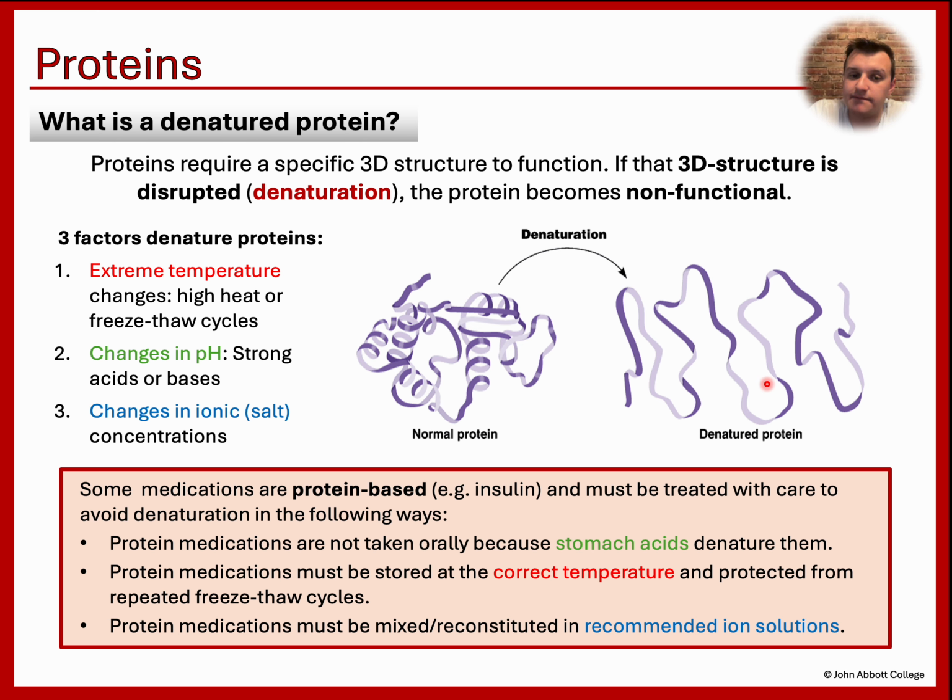This is important because our bodies are full of proteins that do very important functions, right? We get scared when our internal body temperature increases. This is called fever, right?